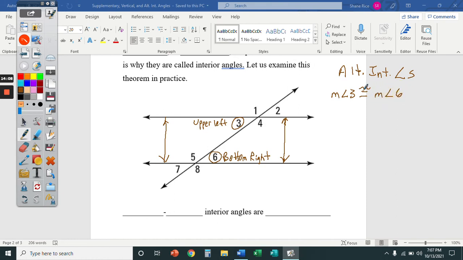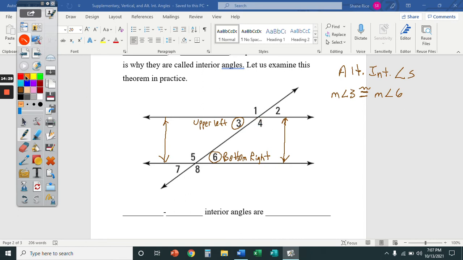We've been writing and saying the word congruent, but this is the symbol. It's an equal sign with a little squiggly line on top. That means you can see 3 is an acute angle. So if 3 was 57 degrees, 6 is going to be 57 degrees. They are congruent.